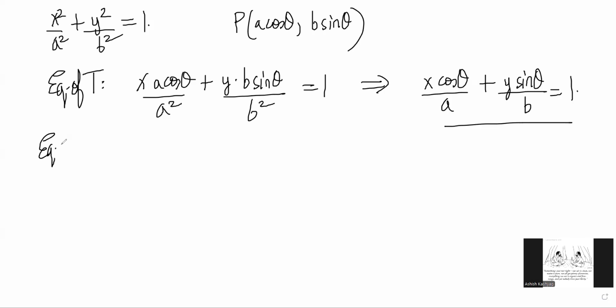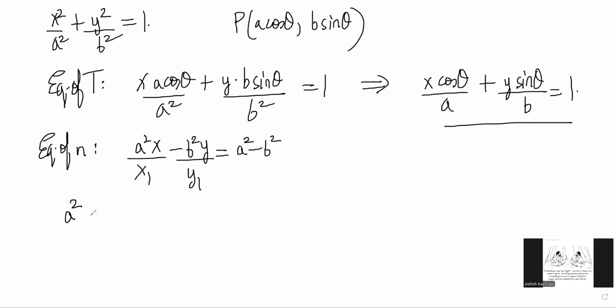An equation of normal, if you recall, you can use the direct form a square x by x1, that form. So let's use that directly, or we can do the normal straight line method also. So I will use the direct form itself. The equation of the normal was a square x by x1 minus b square y by y1 is equal to a square minus b square.